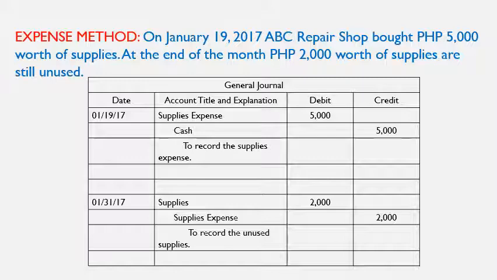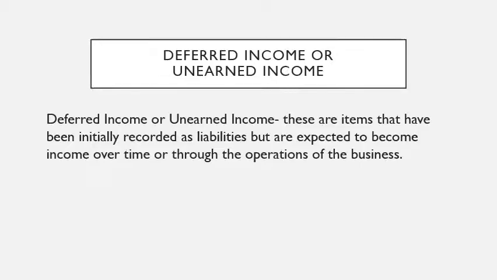Take note, in the expense method, you will record the amount unused. That is what you adjust. Okay? In the asset method, you will record the amount used. In the expense method, what you adjust is the unused, or what was not used.